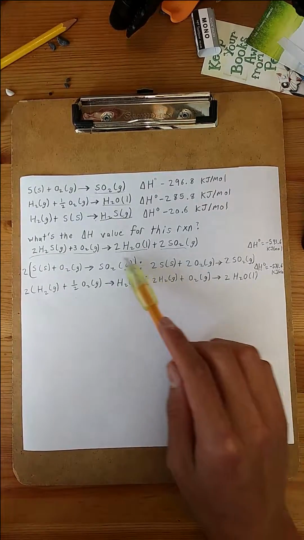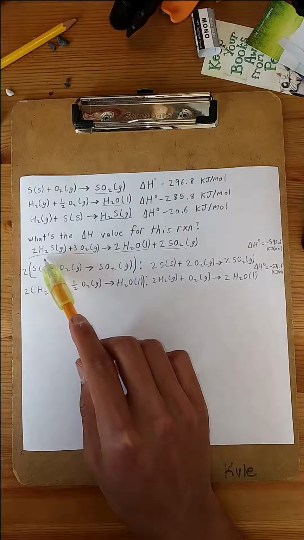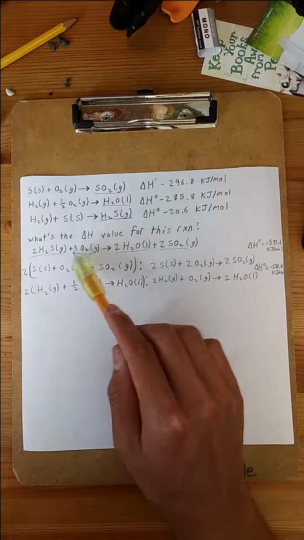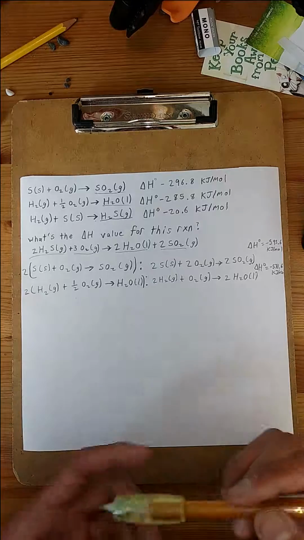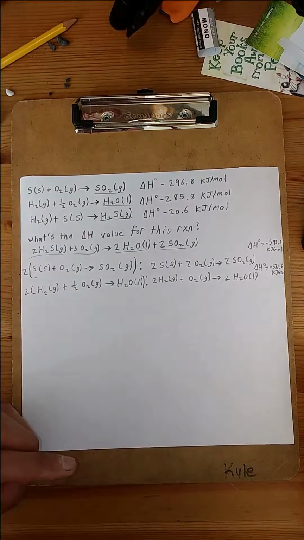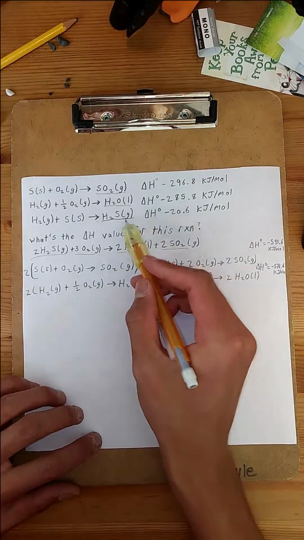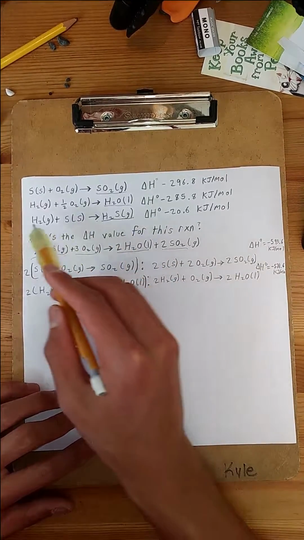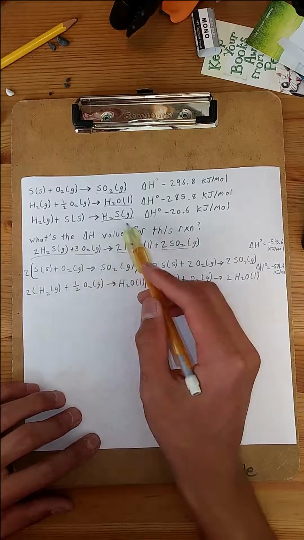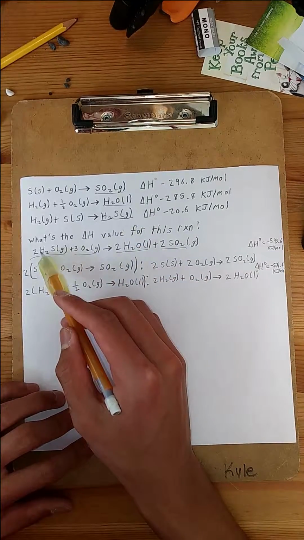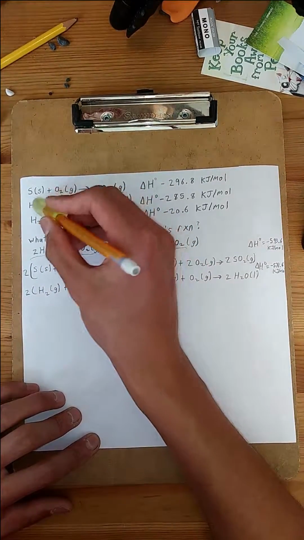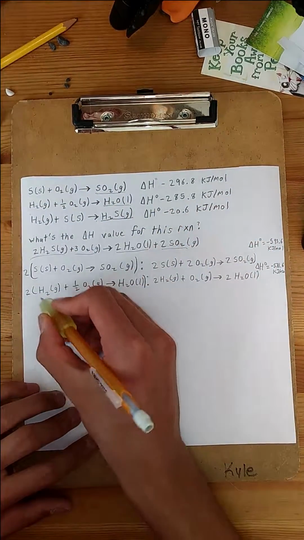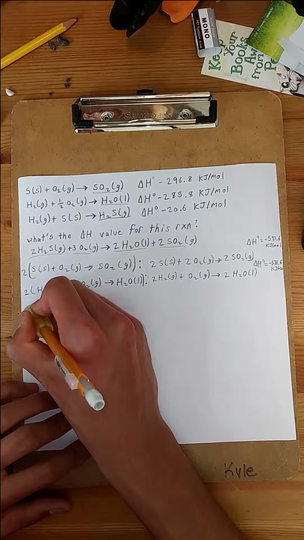Now in our final, we want H2S because these two adding up already equals 3O2, so we have this handy. Now we want dihydrogen sulfide. Since we want the dihydrogen sulfide on the reactant side here, and we want 2 of these, we're going to multiply everything by negative 2. So multiply this delta H by negative 2 as well. So keep that in mind.